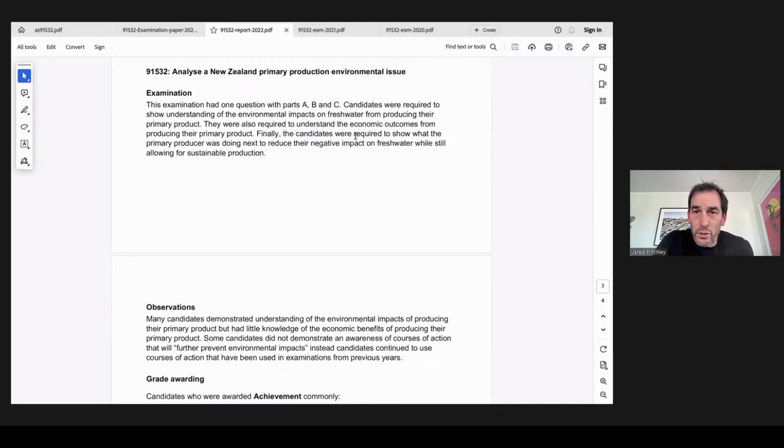Finally, the candidates were required to show what the primary producer was doing next to reduce negative impacts on freshwater. Again, for us this year, it's making sure that you're able to say how the primary producer is able to reduce their negative impacts, i.e. reduce their greenhouse gases being produced. But if you just say, look, let's go and buy an electric tractor, and it's going to reduce your greenhouse gases being emitted, sure, you may have touched on the environmental part of the answer, but have you talked about the productivity in terms of how much money you can make?